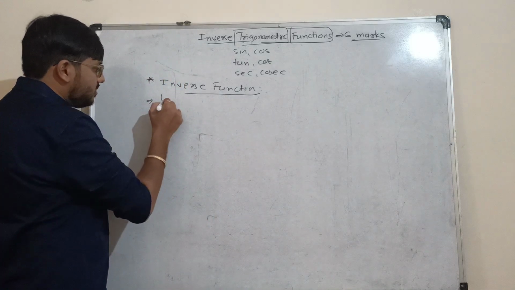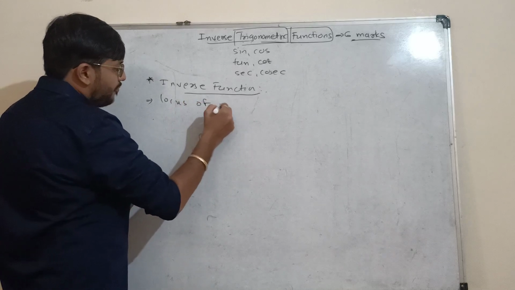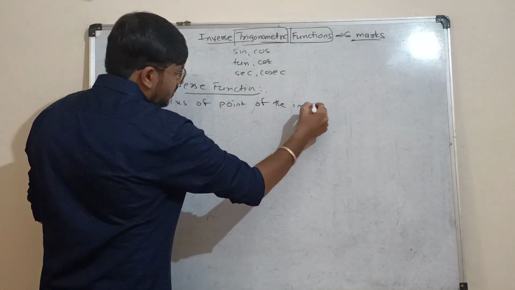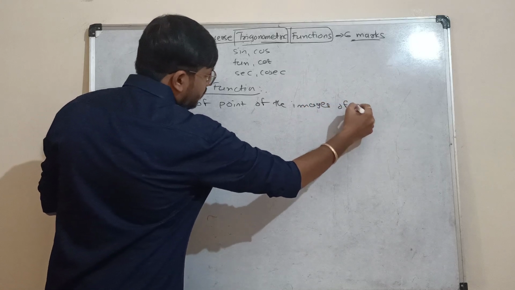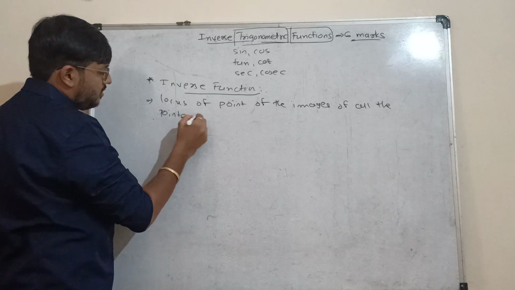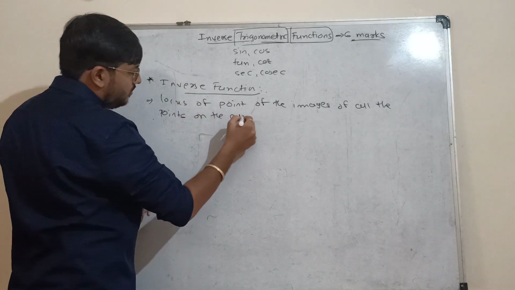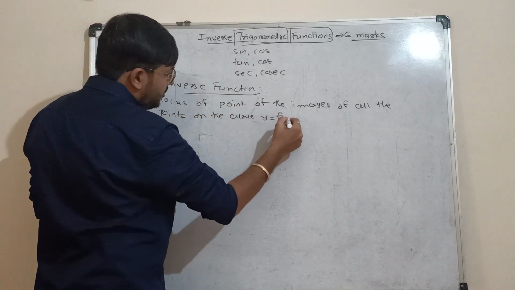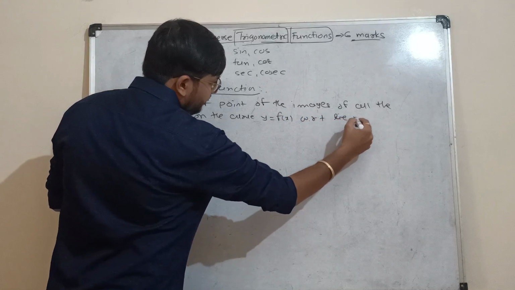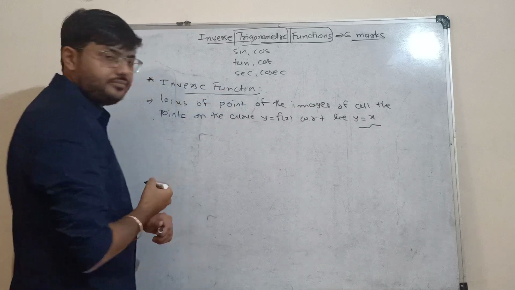It's a locus of points of the images of all the points on the curve y equals f(x) with respect to the line y equals x.